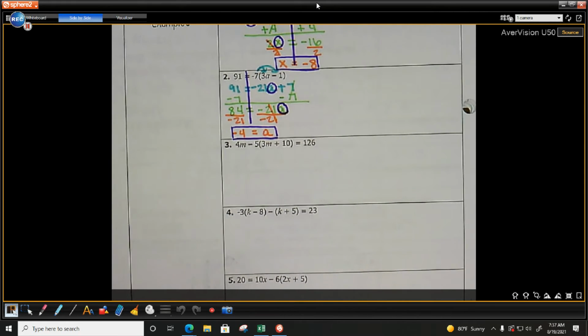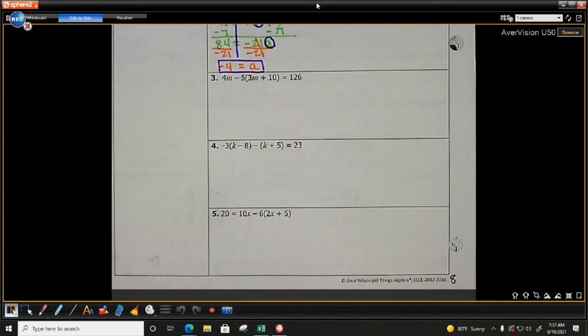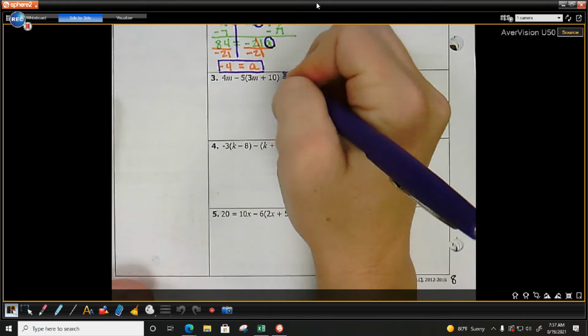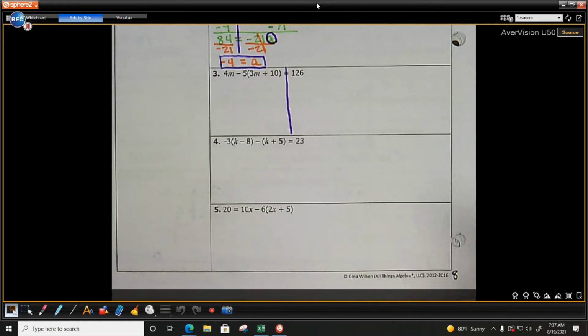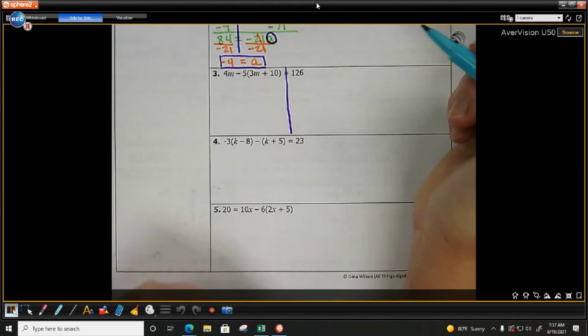Good with number 2? Okay, so we did one where we had to combine like terms, and we did one where we had to distribute. What do you think we're going to do here? Both. Okay, draw your line through the equals. What do I see that I need to do? How do I know I need to distribute? There's parentheses. Great job. What am I distributing?